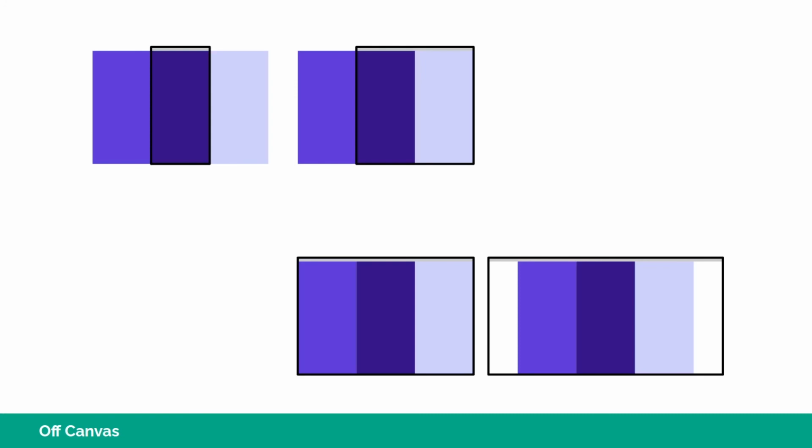And the less frequently used content or columns, maybe the navigation bar, maybe other miscellaneous things, will be off screen, and will only be shown when the display size is large enough. So if you look at the graphic here, the first one is the narrow screen, so it just shows the most important column, and when the screen gets wider, it starts to show the second column and the third column. When the screen gets wider than what it needs, then we'll have the margin on the left and right side.